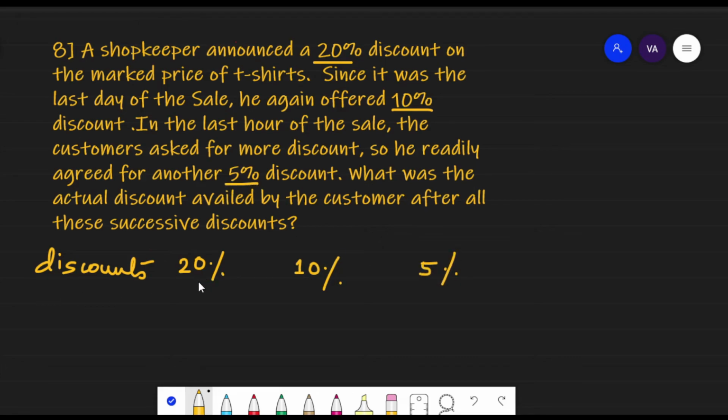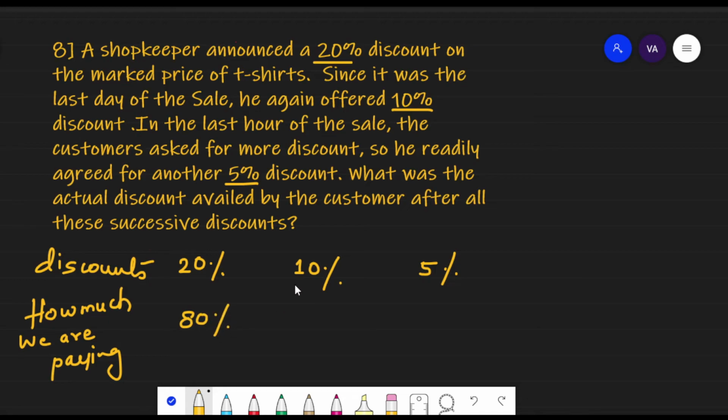What is discount? That means per 100 we are paying 20 less, per 100 here we are paying 10 less, and per 100 we are paying 5 less. That means how much are we actually paying? When out of 100 we are paying 20 less, that means we are paying only 80%.